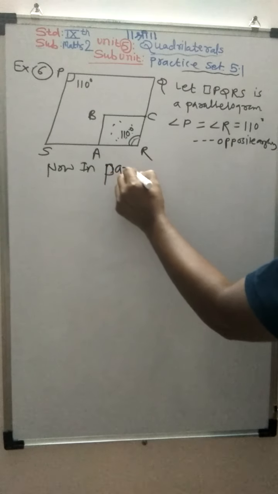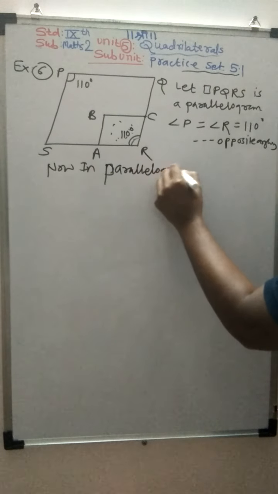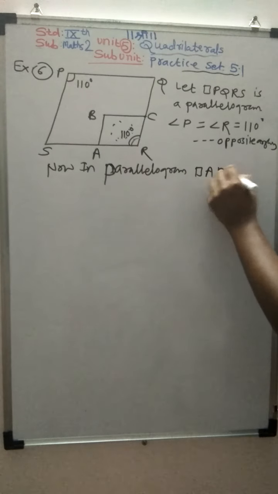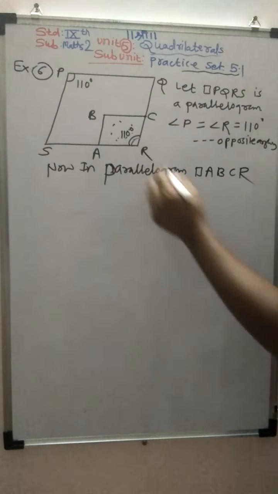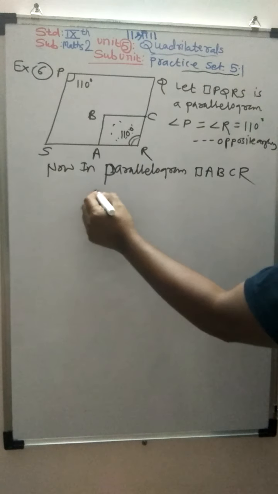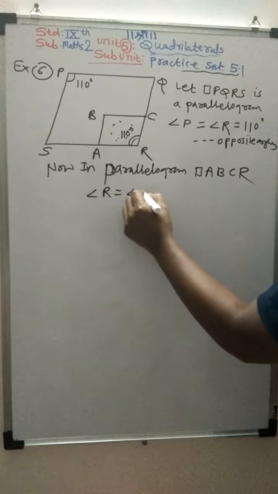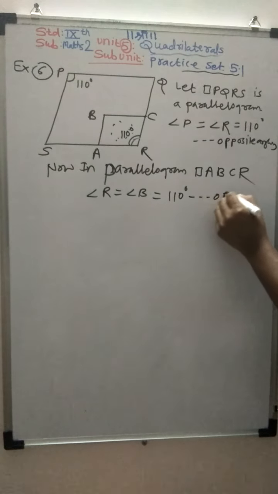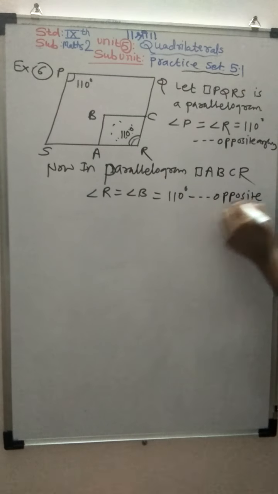In parallelogram ABCR, if angle R is 110 degrees, then angle B is also 110 degrees. Angle R is equal to angle B is equal to 110 degrees because these are opposite angles.